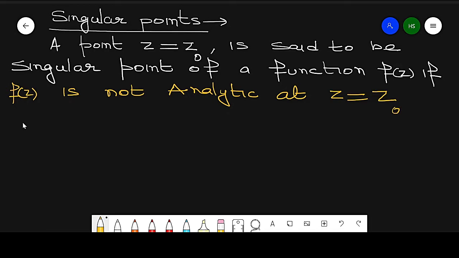For example, if I take the example 1 by z, then z equal to 0 is the singular point.